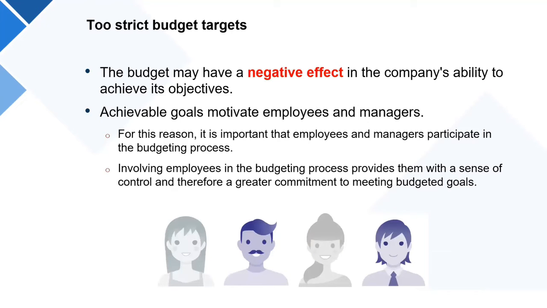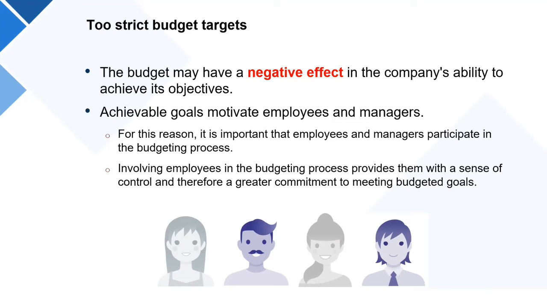When the budget is too strict, too tight to accomplish, the negative effect is on the motivation of the employees, all right? If the goal is too strict, the employees cannot reach it, and then the team gets demotivated, and if you are not motivated, you don't work as well as if you are motivated.